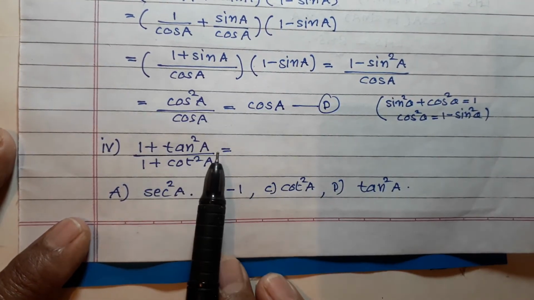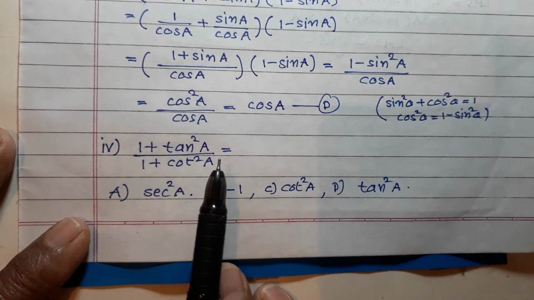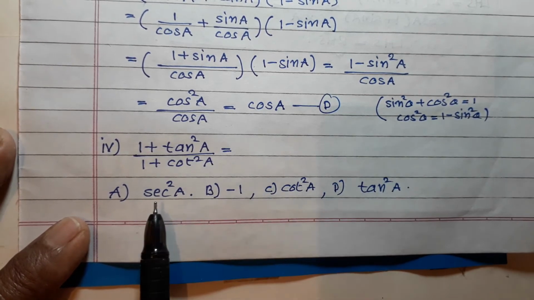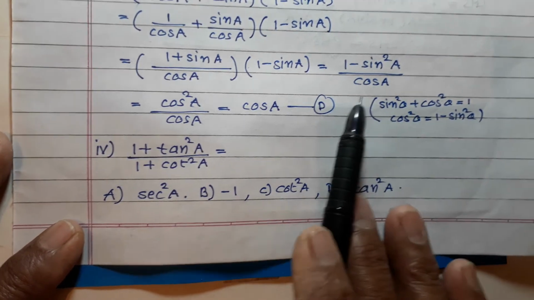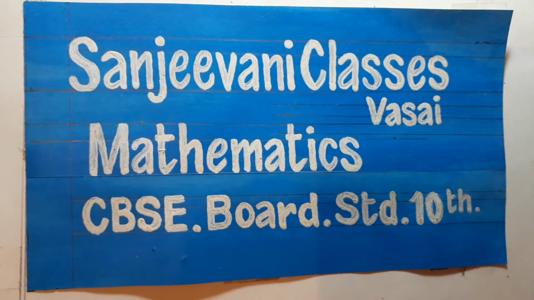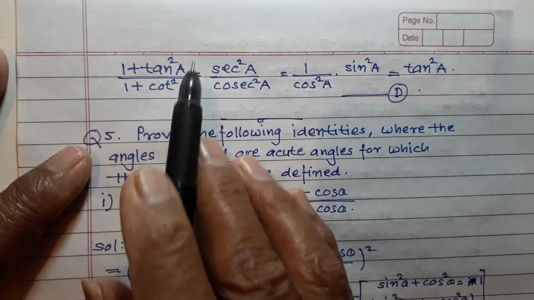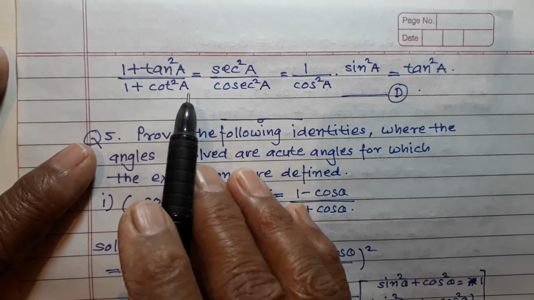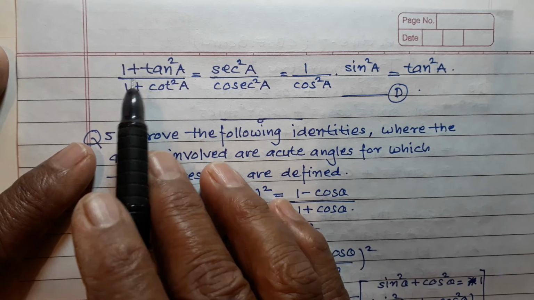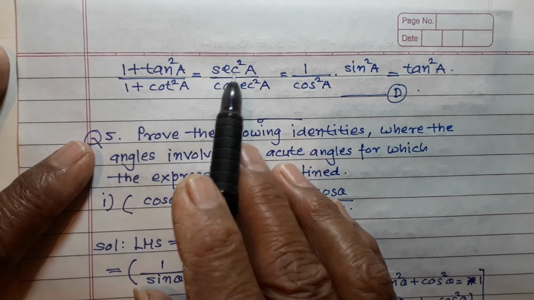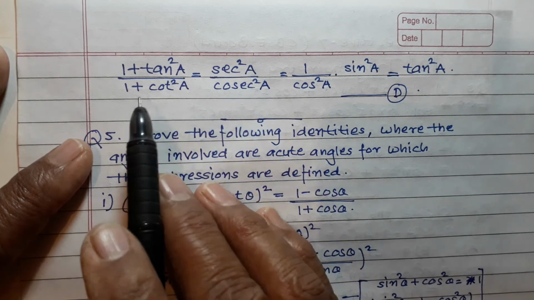Question number 4. 1 plus tan square A upon 1 plus cot square A is equal to, and these are the options given. Now 1 plus tan square A is equal to sec square A, identity.